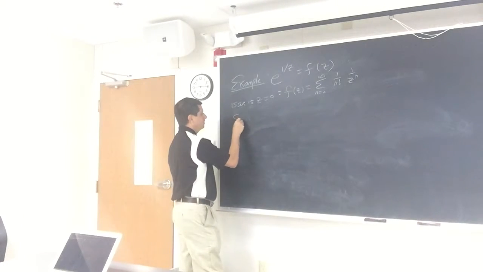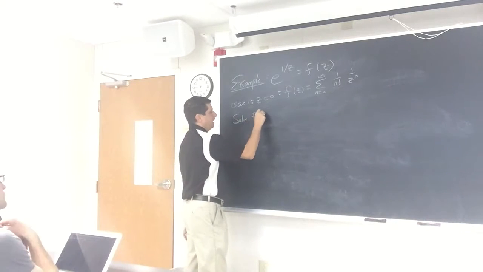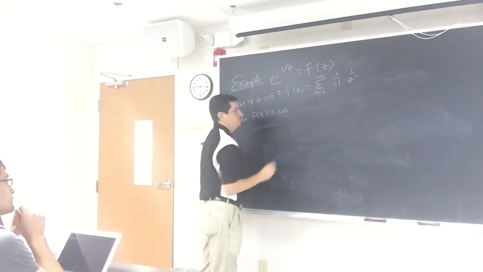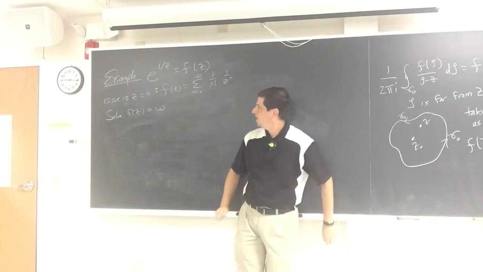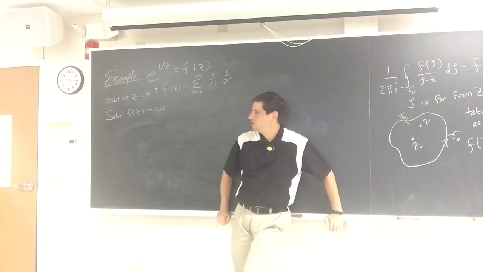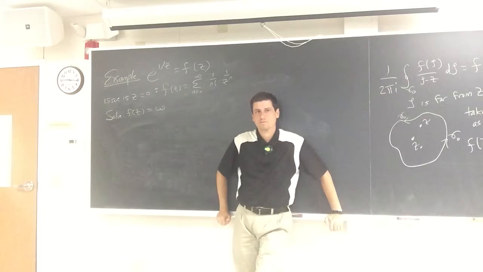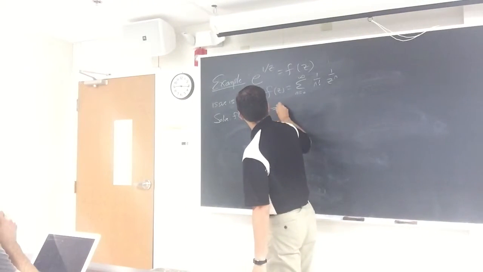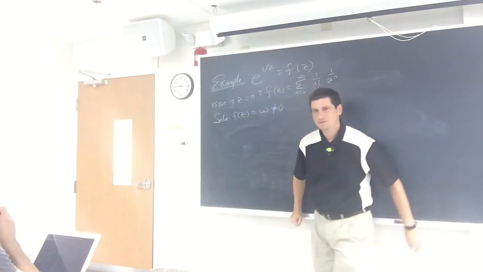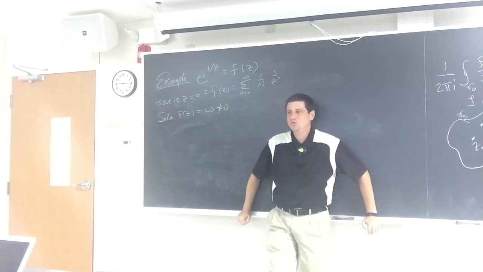Let's solve f of z equals w for various w. Are there any w's that you think it's going to be hard to find a z such that f of z equals w? It turns out that 0 is the only w that doesn't have a solution.